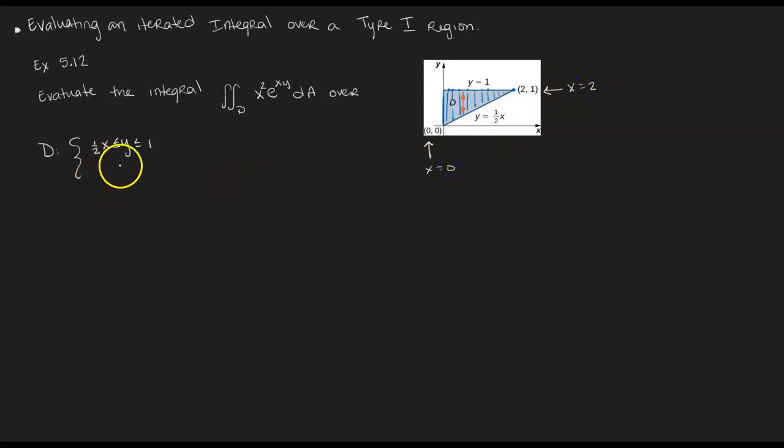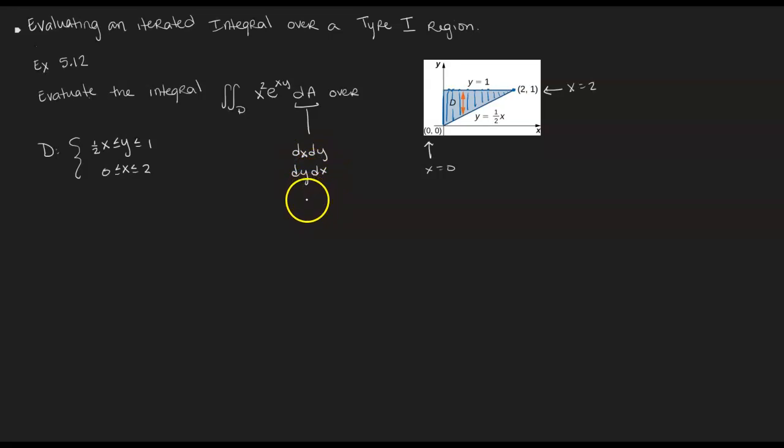So we can see that the x values need to range from 0 to 2. And just like in section 5.1, our dA, the area increment, can be written as dx dy or dy dx. And the type of region that you pick is going to determine which of these you use.